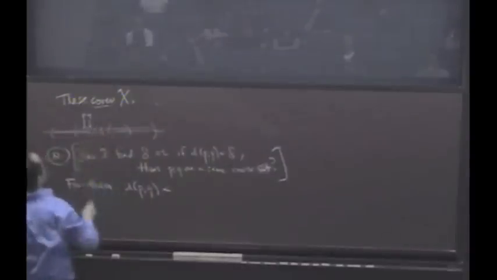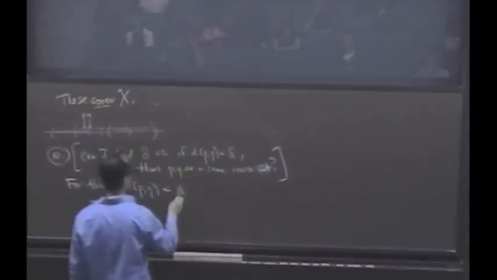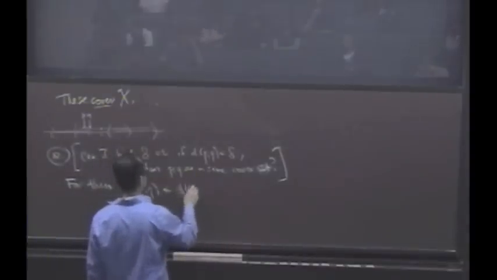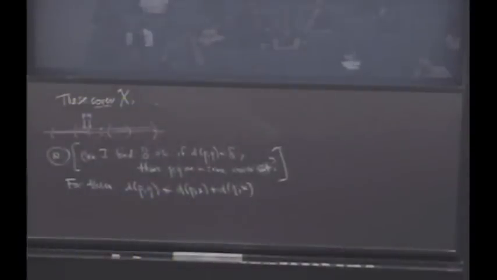Right? What's the center point? This is in some cover set that's centered around X. Then the distance between P and Q is less than or equal to the distance between P and X plus the distance between Q and X, yes? And then what?